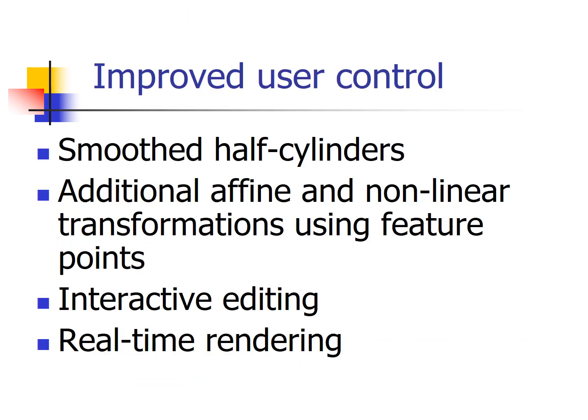We can improve the user control of space-time blending by using smoothed half-cylinders or by adding fine and non-linear transformation using feature points. Also, interactive editing and real-time rendering are available by using a plugin to Maya software and GPU processing.